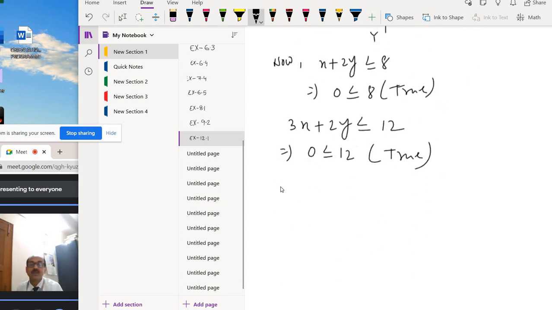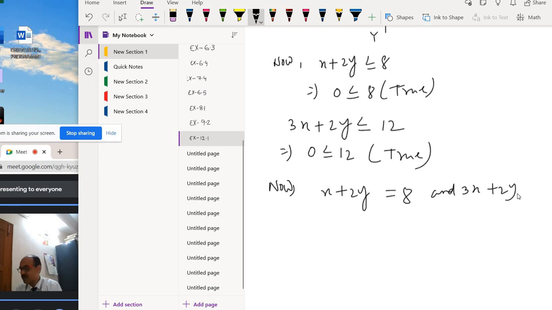Now solve these two equations. One equation is x plus 2y equals 8, and another one is 3x plus 2y equals 12.